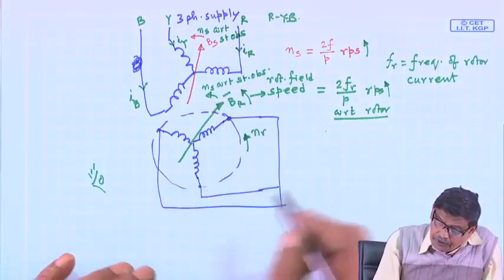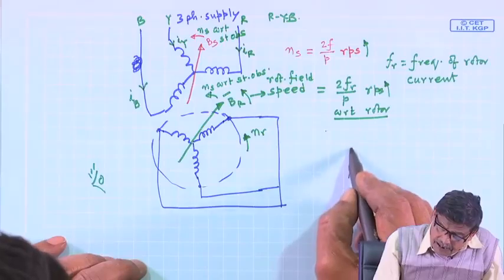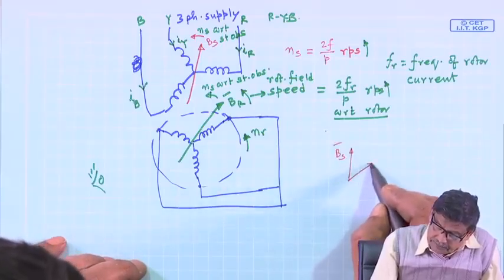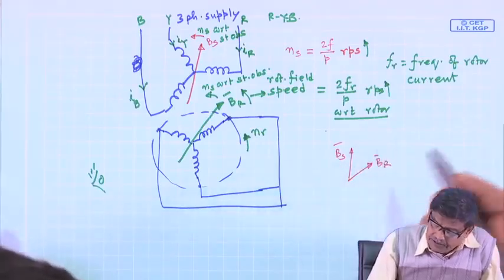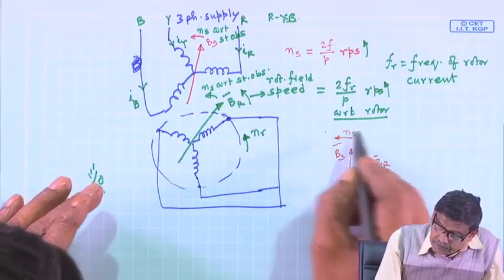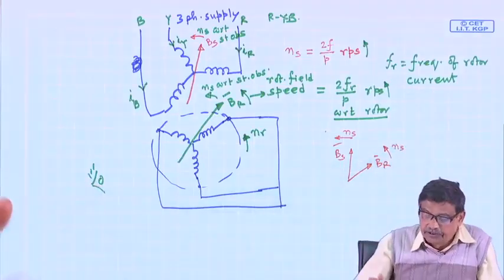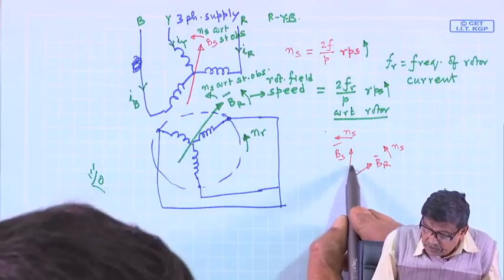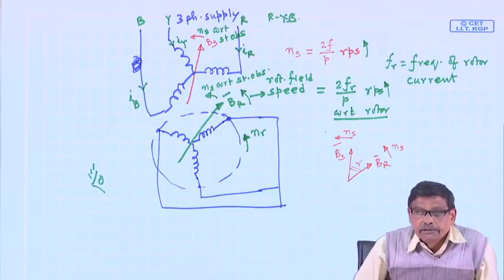Therefore, we have got two fields, Bs and Br. Wherever it is, I am not sure where it will be, but it will be something like this, and both of them are rotating with a speed ns with respect to a stationary observer. Therefore, the angle between these two, which I was calling gamma, will remain constant.